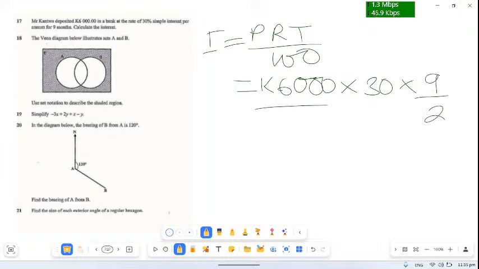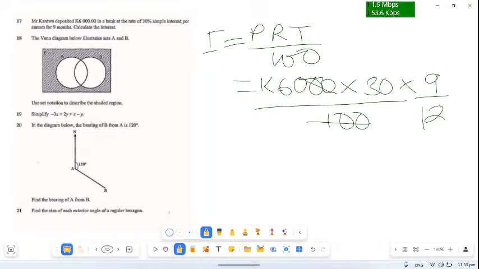Now remember that is over 100. Okay, so over 12, not 2. Now we can evaluate that. We can just cancel 100 into 6,000. It will go 60 times. So we are remaining with 60 there.